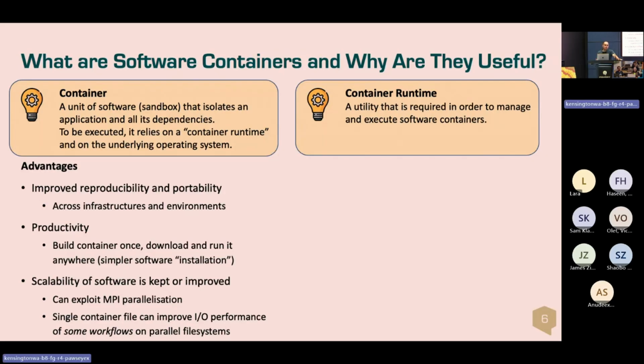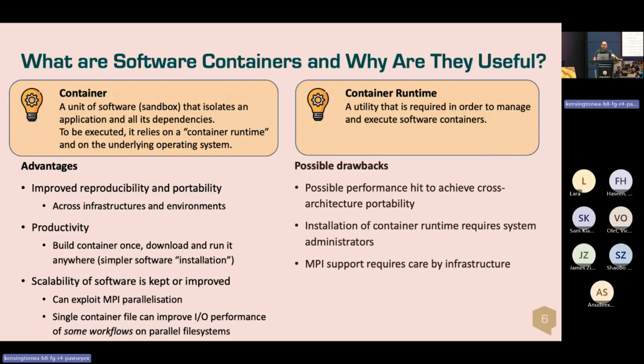Productivity is also an advantage because you just build it once and you don't have to worry about setting up the environment again. The drawbacks are that sometimes when you compile for a container and then run it on another system, your software is not optimized for the host where you're executing it. So, for instance, let's say you compile your container on your laptop, which has an Intel CPU. That container optimized for Intel won't be optimized for Setonix, where we use AMD CPUs.